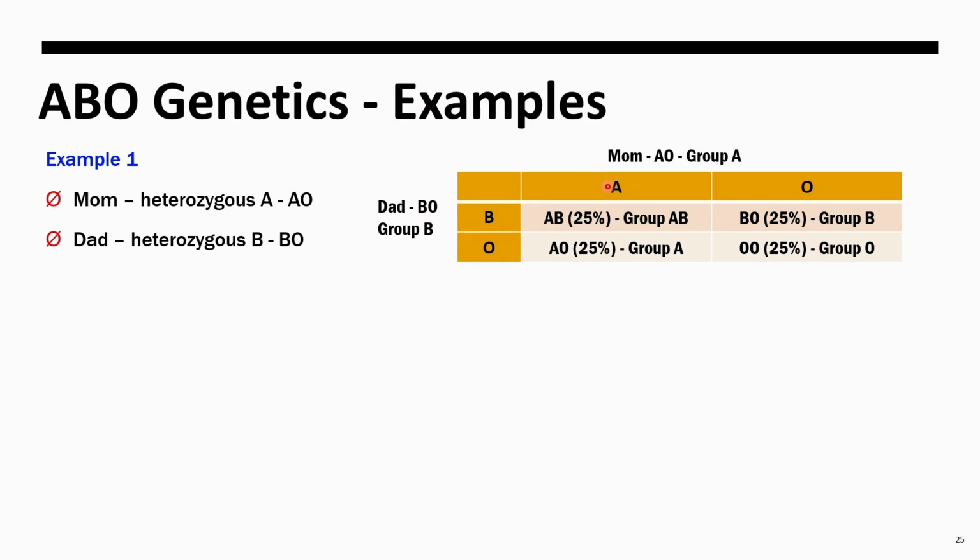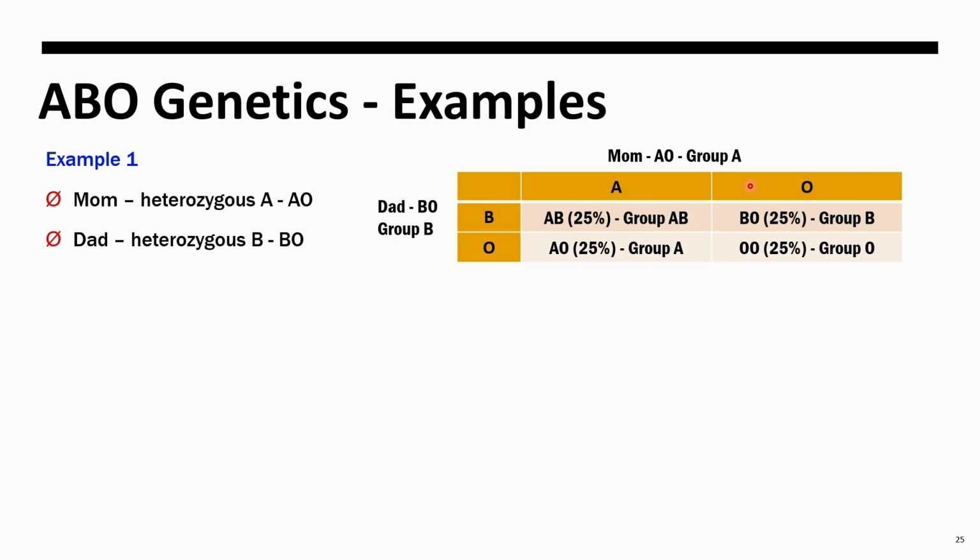If from mom A and from father B, the blood group is AB. From mom A, father O, the blood group is A. O from mother and B from father, blood group is B. O from mother and O from father, blood group will be O. So you can see the genetic composition.